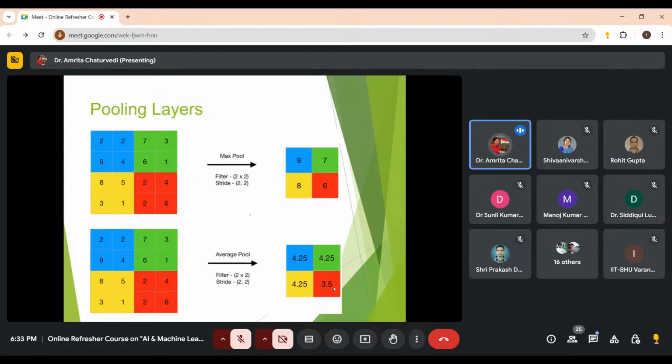If you see in this image at the bottom, you have this section of 2 cross 2 that is blue in color. Here you have values 2, 2, 9, 4. So instead of taking the maximum value, you take the average of these.